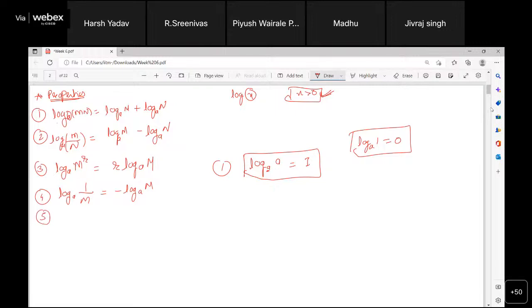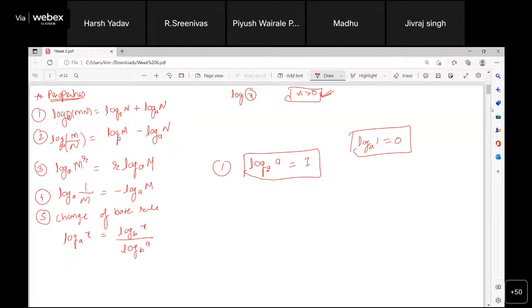Now there is something called the change of base rule. Suppose I have log of x to the base a. I can write it as log of x to any base, say b, upon log of a to the base b.